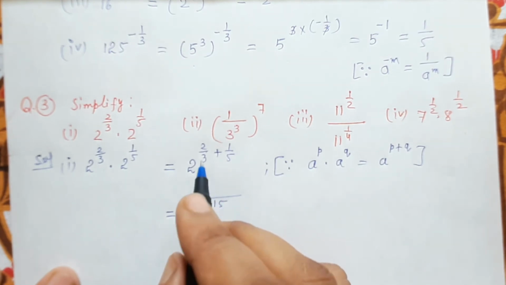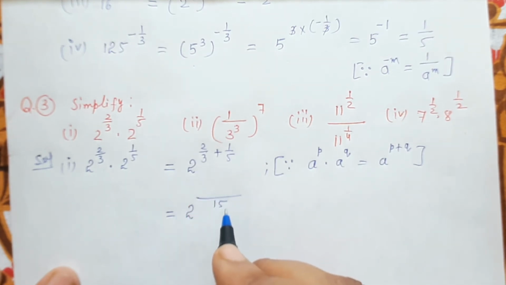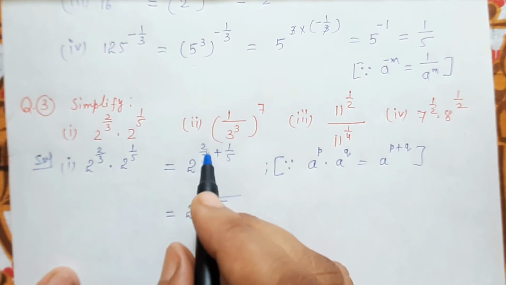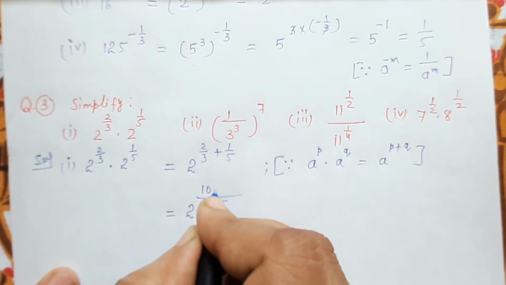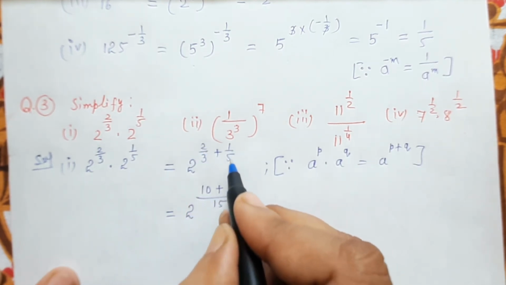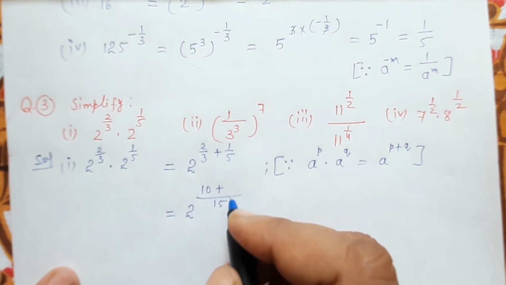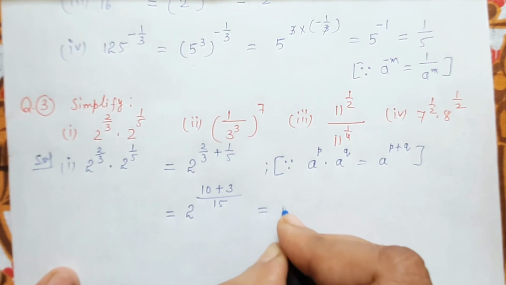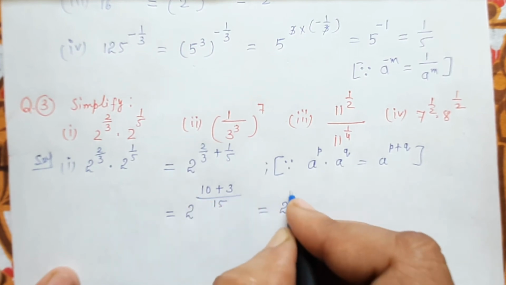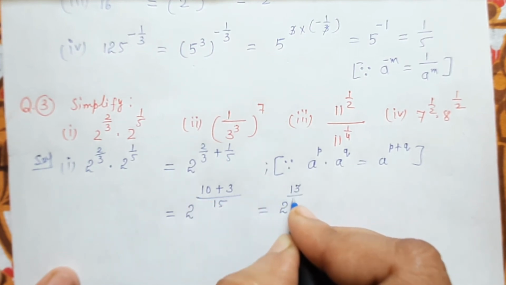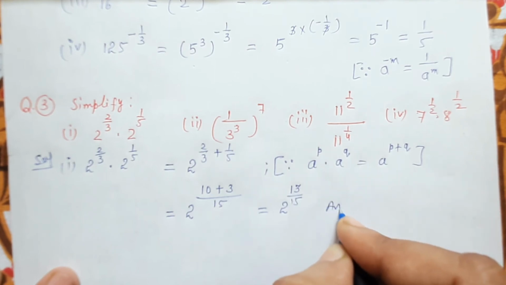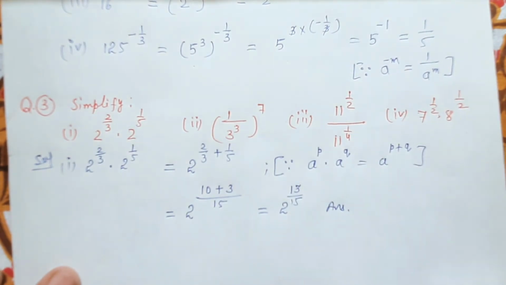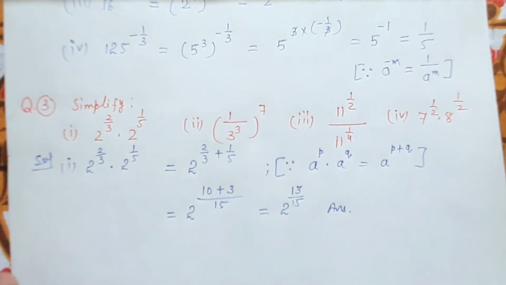Now 15 divided by 3 is 5, and 5 multiplied by 2 is 10. Plus 15 divided by 5 is 3, and 3 times 1 is 3. Hence 2 raised to power 13 by 15. This is the answer. Now we'll come to the second part.